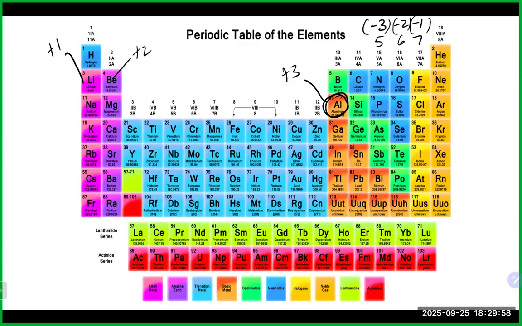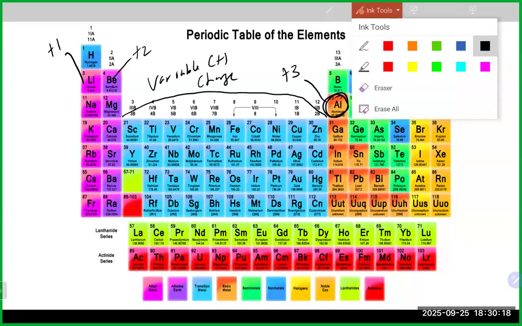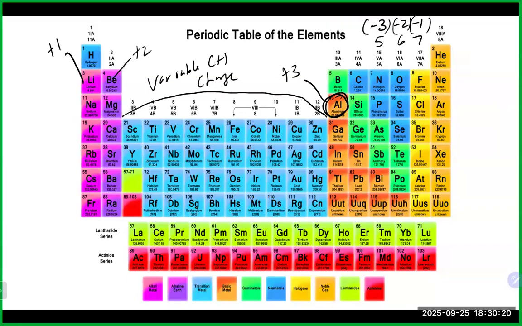Now, in terms of the transition metals, as you may remember, they can make a variable positive charge. In addition, just to the right of the transition metals, underneath the staircase, there are some elements that can make a variable charge as well.